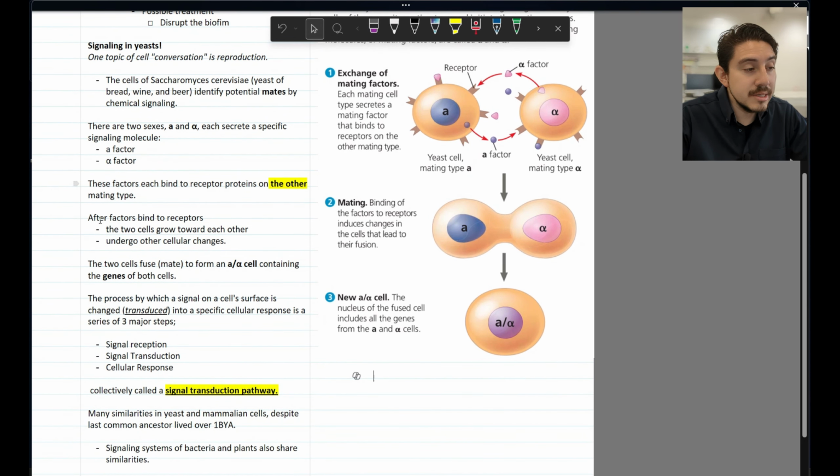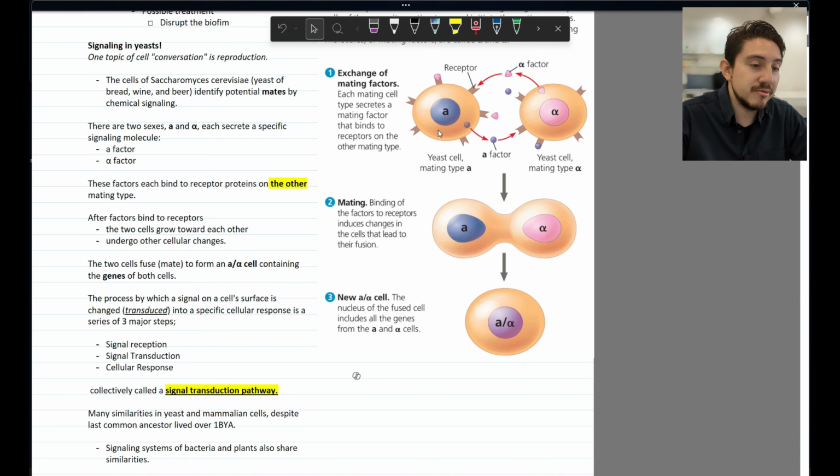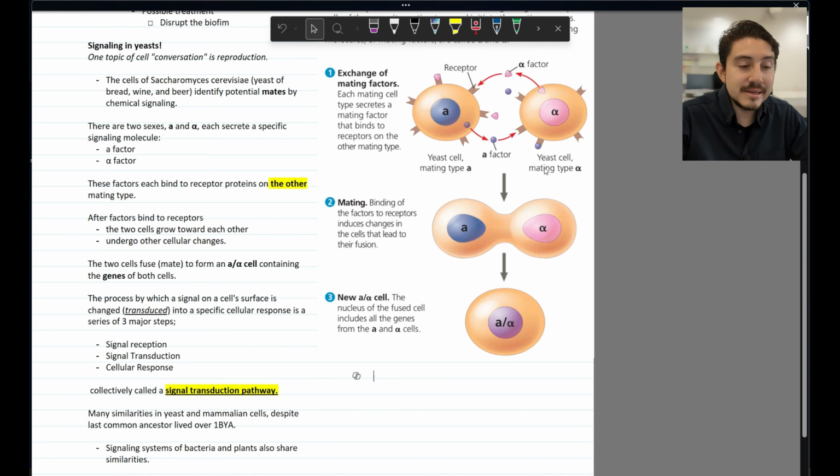So in yeast, there's two sexes. You have an A factor cell, okay? You have a yeast cell that produces an A factor. It's literally called A factor. So they're this mating type that produces this particular factor. And then you have another type of yeast cell that is called the alpha mating type.